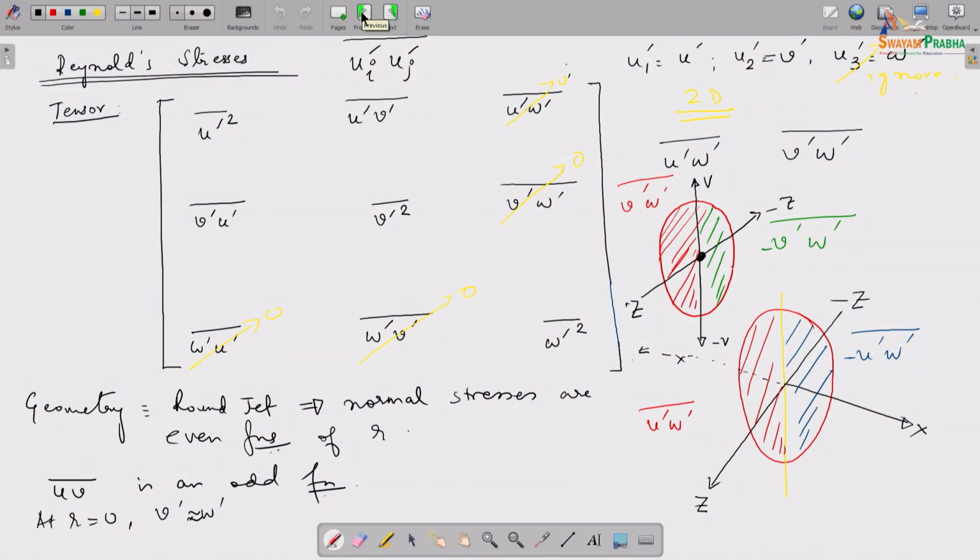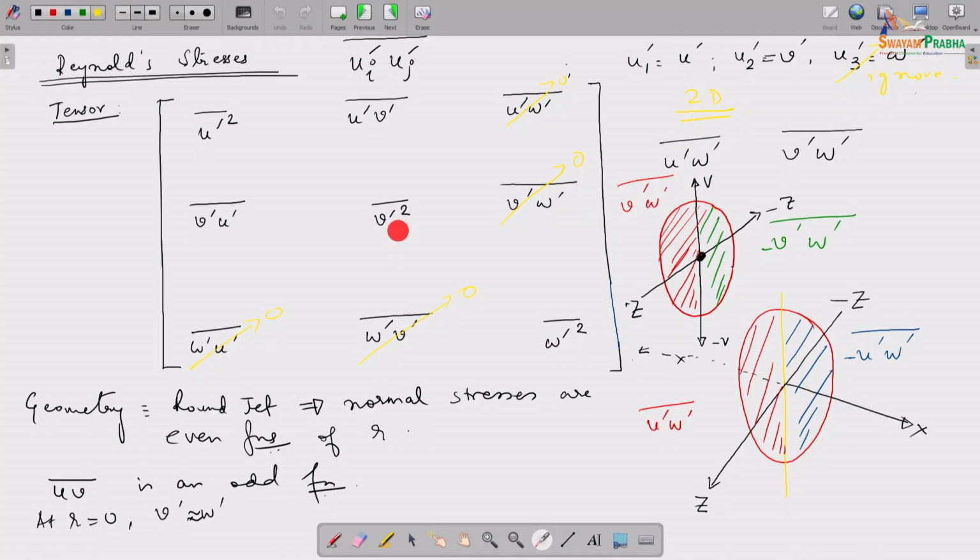Now, the point is that if that is so, the reason we did not take out this term w dash square was because we said it is indistinguishable, then how is it different, etc. But the point is that when r is 0, these two are anyway indistinguishable, which essentially means that V dash square is actually equal to w dash square.